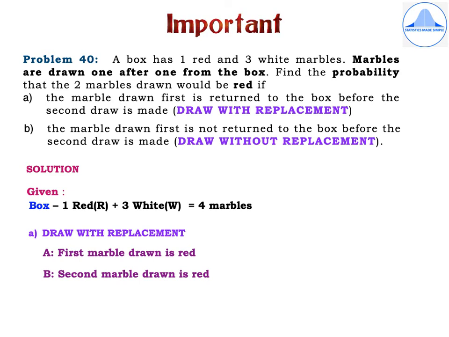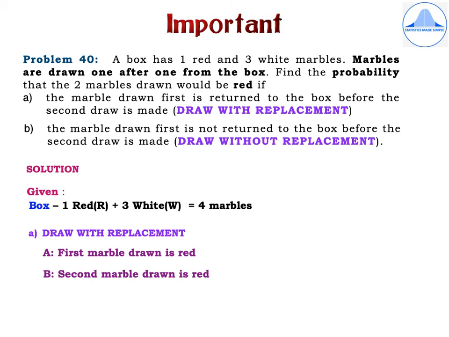It is called as draw with replacement. Now, suppose you remove the first marble from the box and you don't put the marble inside before the second draw is made. This is called as draw without replacement.